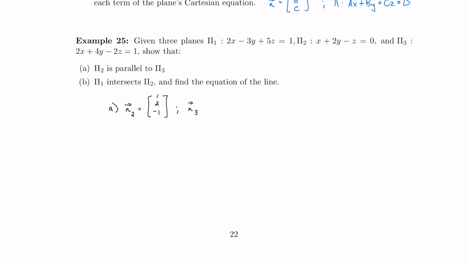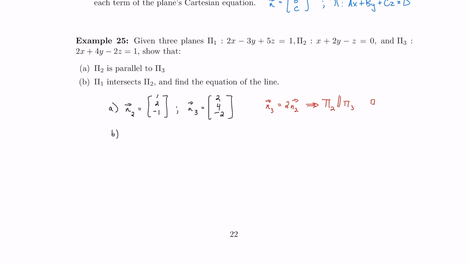And likewise for pi 3, my normal vector is 2, 4, -2. We can see that they are proportional to one another. I can express n3 as twice n2. And because one is a scaled version of the other, that tells us right off the bat that these two planes are parallel. Great, moving on.